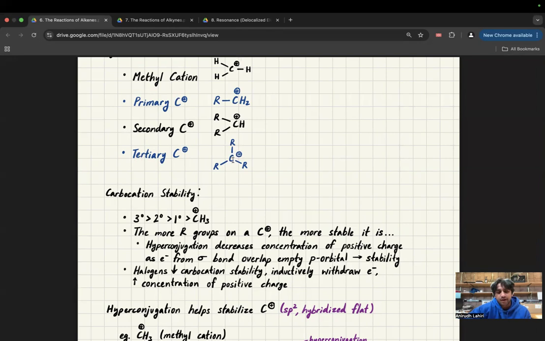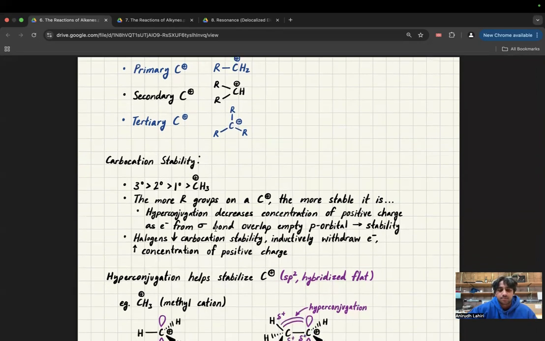It's effectively donating extra electron density into this carbon, which is a very good thing. You don't really have to understand precisely how it works and all the orbital stuff. You just have to know that the more carbons I have connected to a carbocation spot, the more stable that carbocation, this specific carbon, will be because of this effect called hyperconjugation.